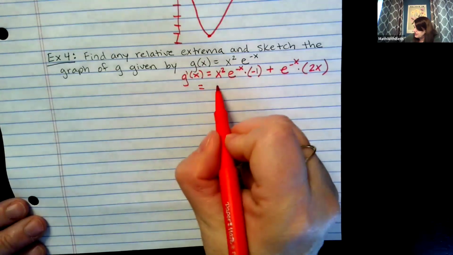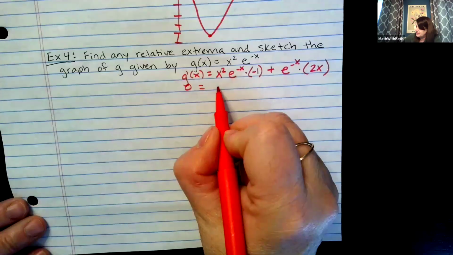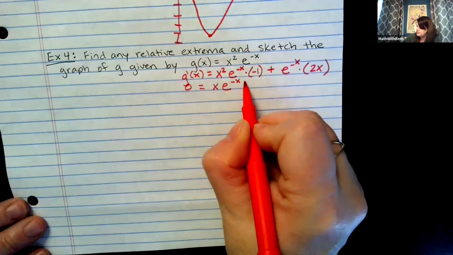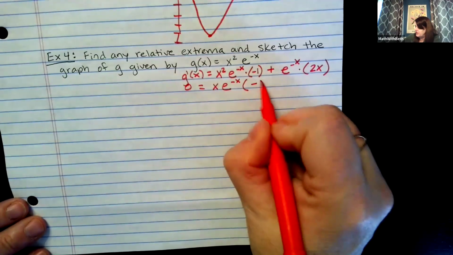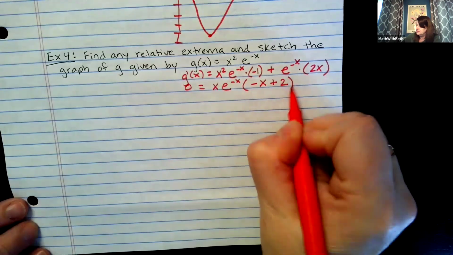So if I want to set this equal to 0, I could factor out an x and an e to the negative x, and that would give me negative x plus 2.